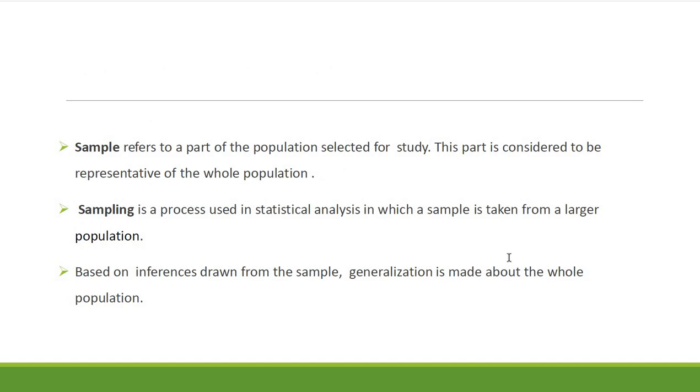So a sample is the part of the population that is chosen for our study. We ensure that it is truly representative of the population. The process by which you select a sample is called sampling. There are many types of sampling.